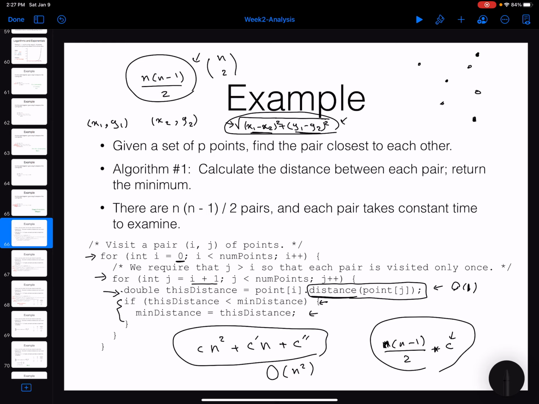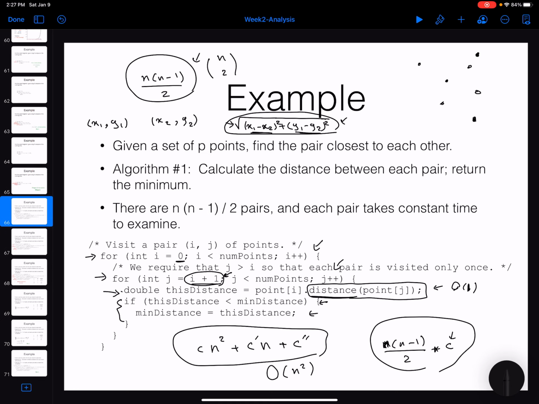Usually when you have 2 nested loops, although the number of iterations of the inner loop would depend on the iterator of the outer one, it would still depend linearly on the outer loop. That's why the whole thing becomes n square.